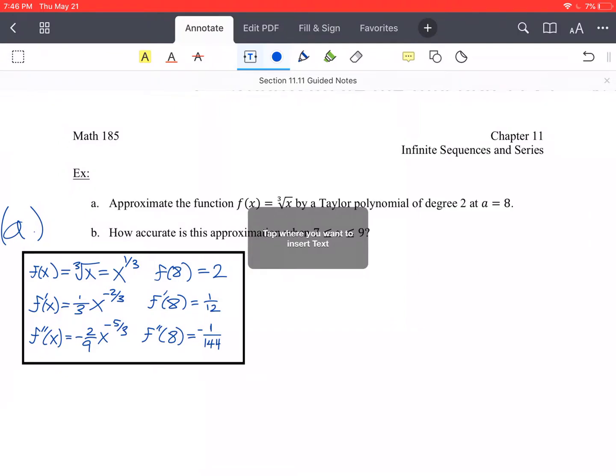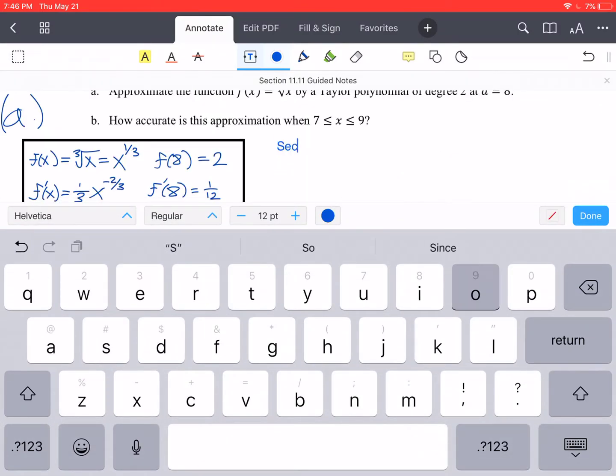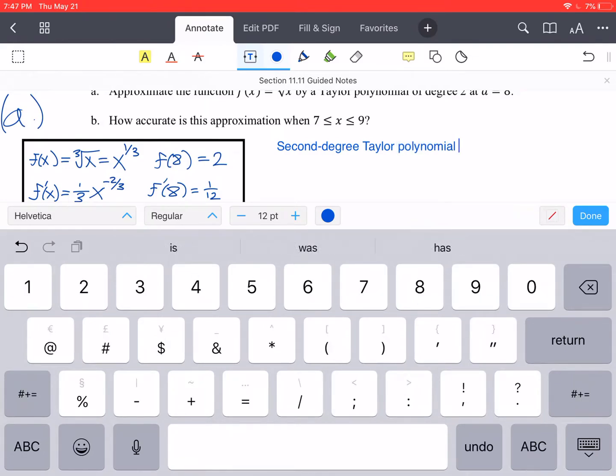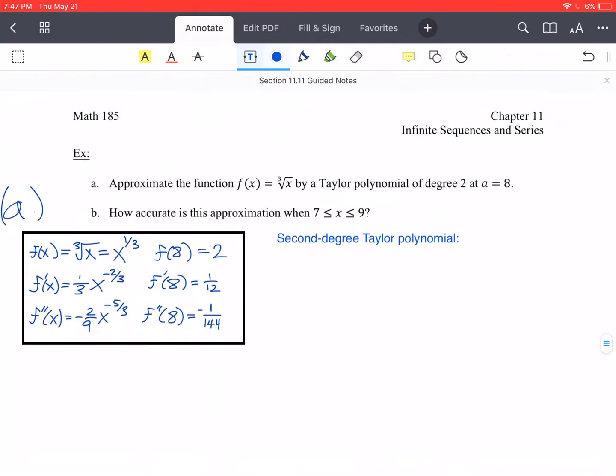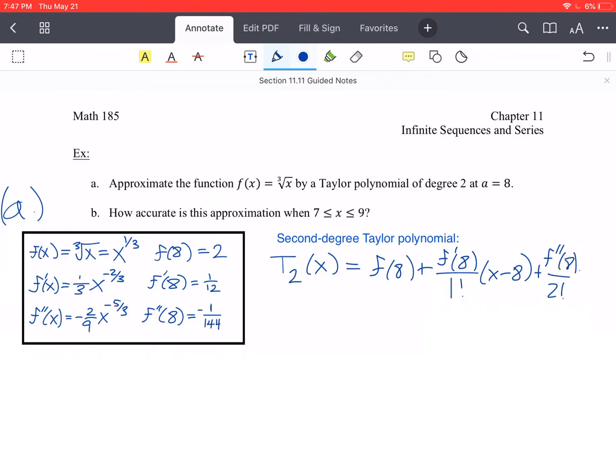So our second degree Taylor polynomial, T sub 2 of x, is f of 8 plus f prime of 8 over 1 factorial times x minus 8 plus f double prime of 8 over 2 factorial times x minus 8 squared.